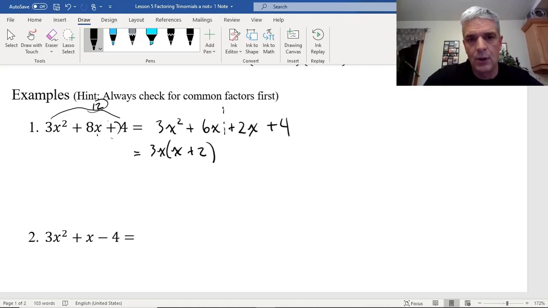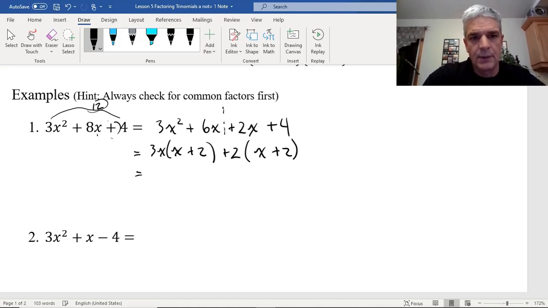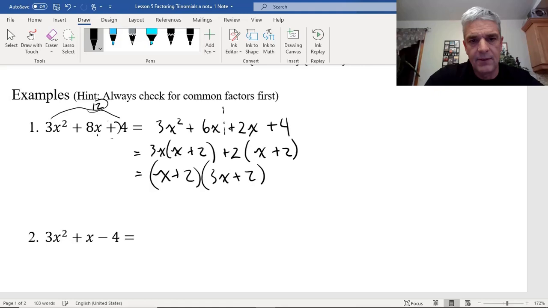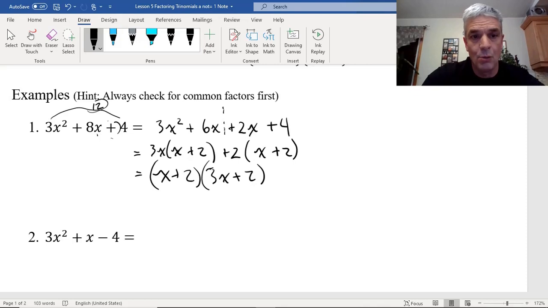Well, I can factor out a 2. And so that gives me plus 2 times x plus 2. And of course, the x plus 2 repeats itself. So now I can use factoring by grouping here, and I get x plus 2 times 3x plus 2, and I have completed my factoring of my trinomial. I've factored it into two multiplying binomials.